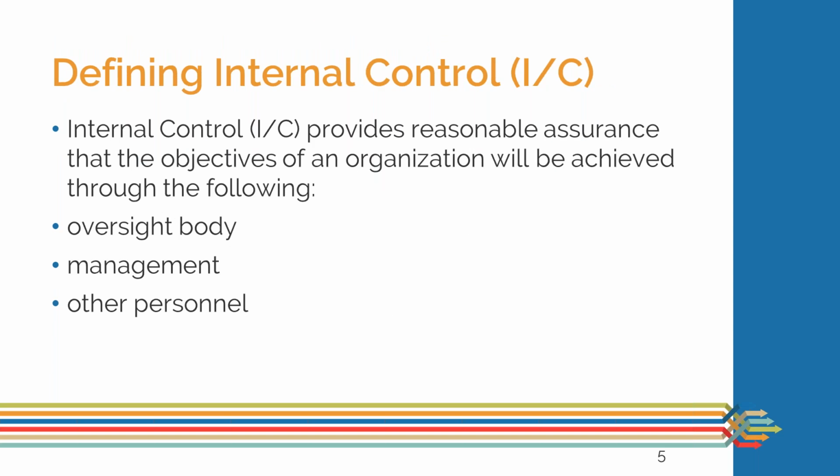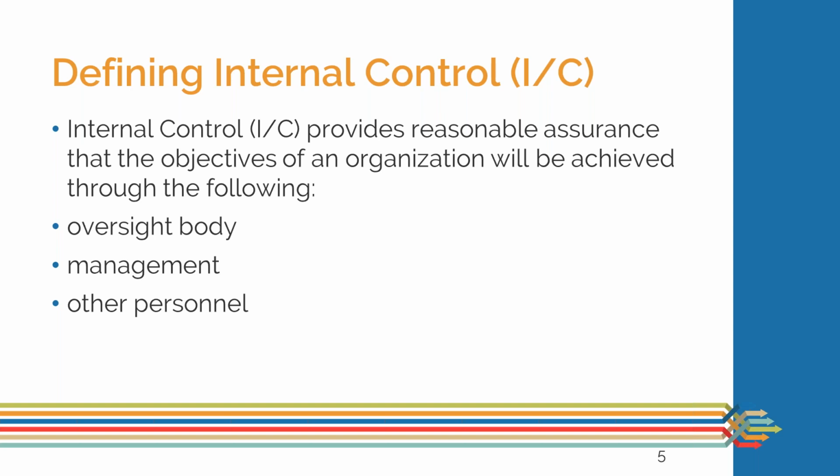So what do we mean by defining internal control? Internal control is something that provides reasonable assurance that the objectives of the organization are achieved. From there, we talk about reasonable assurance. Some people may confuse that with absolute assurance, which you really can't get to that position of providing. But we do provide reasonable assurance that the objectives are met.